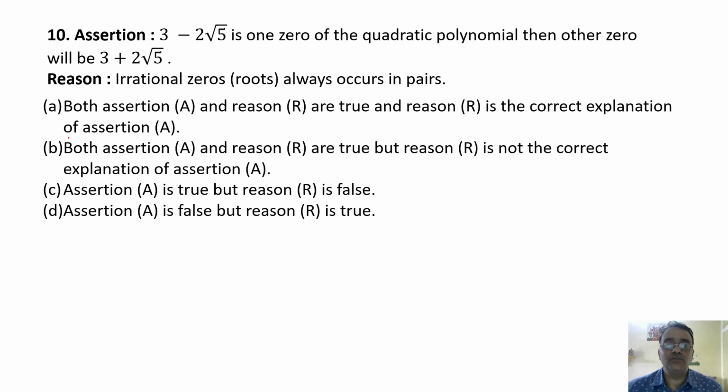3 minus 2 root 5 is one zero of the quadratic polynomial, then the other zero will be 3 plus 2 root 5.